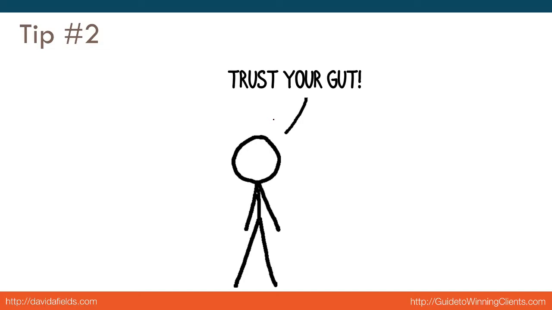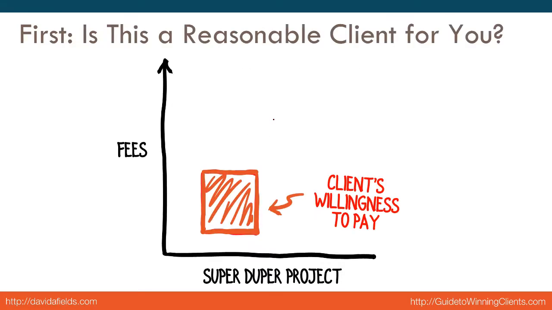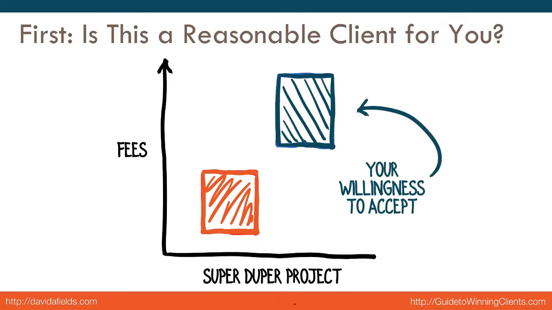The first thing you need to establish is whether or not this is a reasonable client for you. So let's say you're trying to win this super duper project, and your client has a certain willingness to pay. At the same time, you have a range that you're willing to accept to do this project.